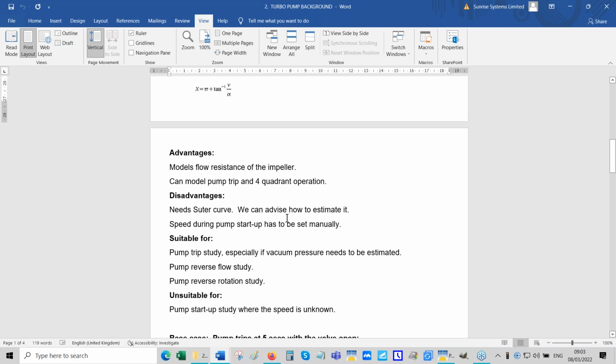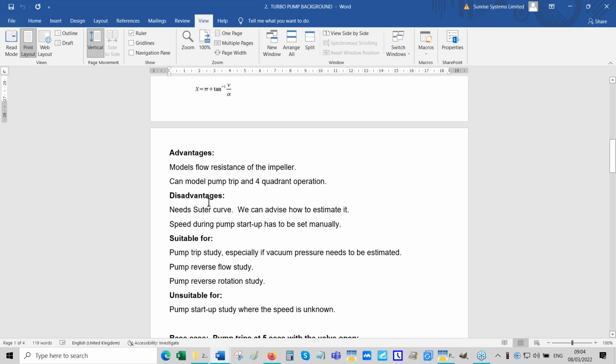And if you're a customer, we can give advice on how you can estimate the Suter curve. There are techniques for doing that. And the number of built-in Suter curves will increase. There are new sources of data for the Suter curve. We will, in the future, consider building more Suter curves into PIPENET itself. But if you do not have the Suter curve, we can help you to estimate it.